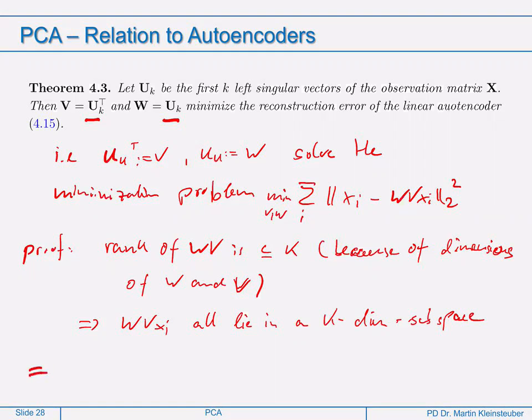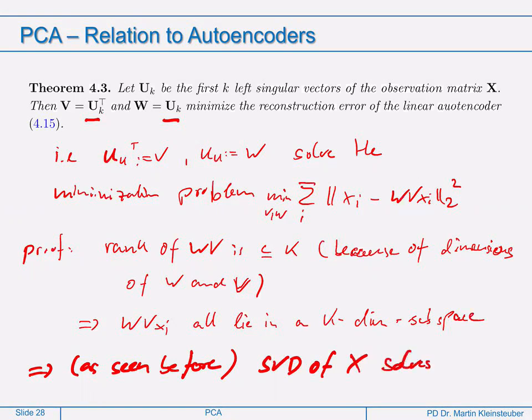And so we have already seen in the proof beforehand that the SVD of X solves the problem. And so it's equivalent to what we have already seen there.